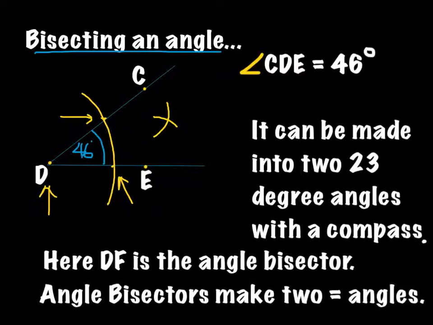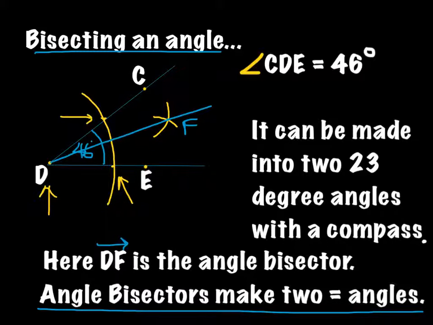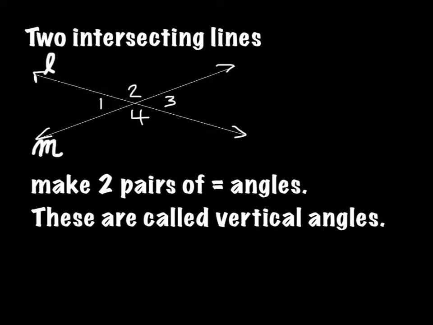Then I can actually connect from point D through that intersection point, which I can call F, to create an angle bisector. And angle bisectors make two equal angles. So this angle here would be 23 degrees, and this angle here would be 23 degrees. So that was one way to get congruent angles, was to take an angle and form an angle bisector that would split it into two equal angles.